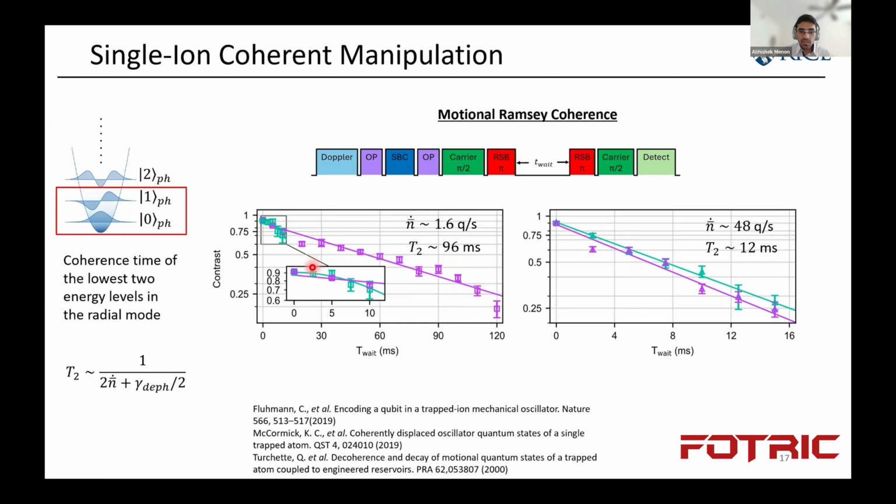But then once we did a spin echo for decoupling and getting rid of a slow frequency drift, we found that this dramatically improved, and the coherence went up to 96 milliseconds. Okay, and that is like getting close to the limit of how long you can store your quantum information across the 0 and 1 state of the harmonic oscillator.